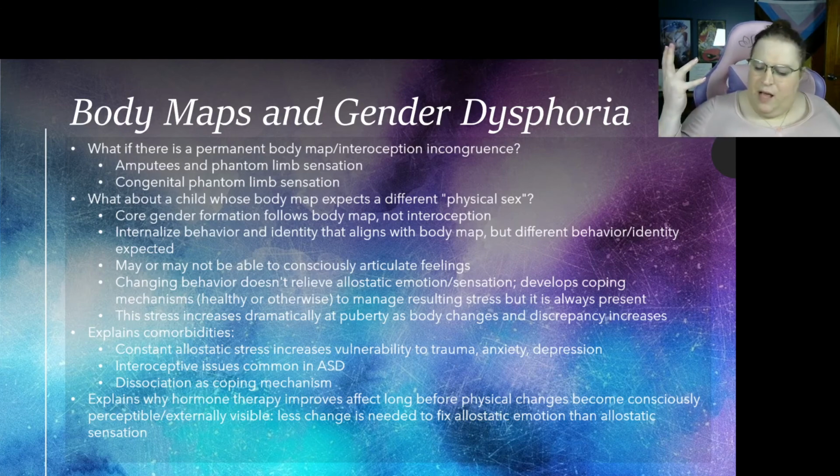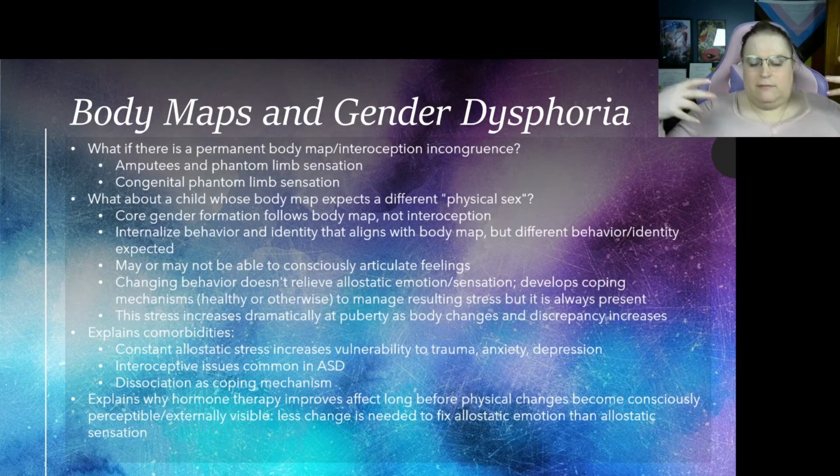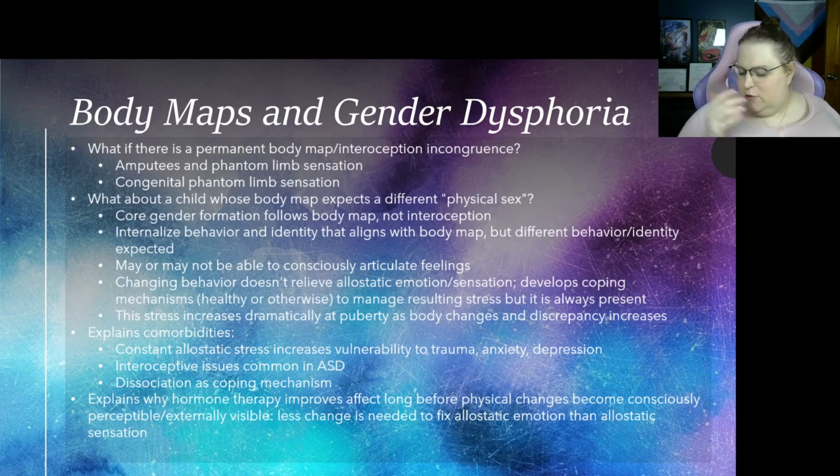Typically, while there are internal chemical changes happening almost from the moment you start taking hormones, it takes a couple months minimum for physical changes to start being noticeable, and it takes years for them to reach their final form. However, emotional improvement can start as early as 2 or 3 weeks into taking them. And the emotional improvement detected is noticeably greater than would be predicted if it was just a placebo effect happening.